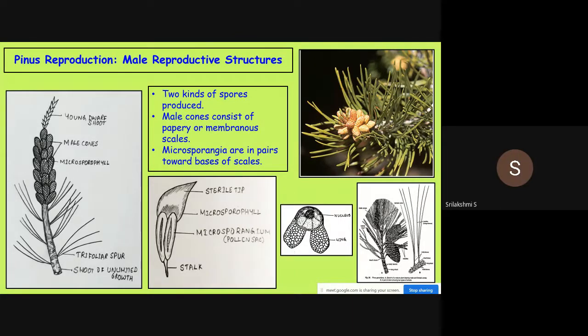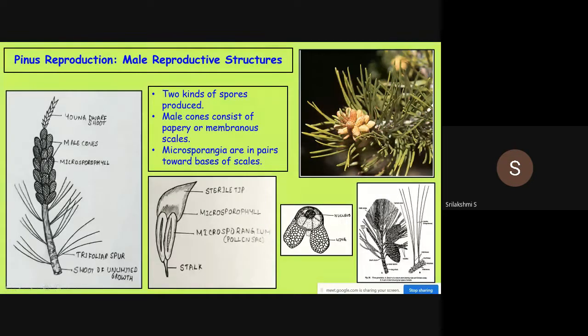Yes, very good. They have winged pollen grains. I think in the last class I had just mentioned this. Each microspore or pollen grain shows the presence of a pair of wings.